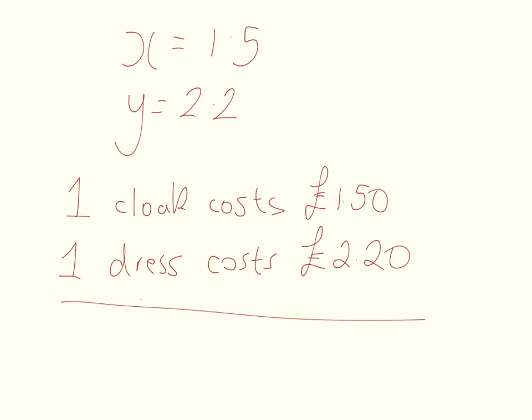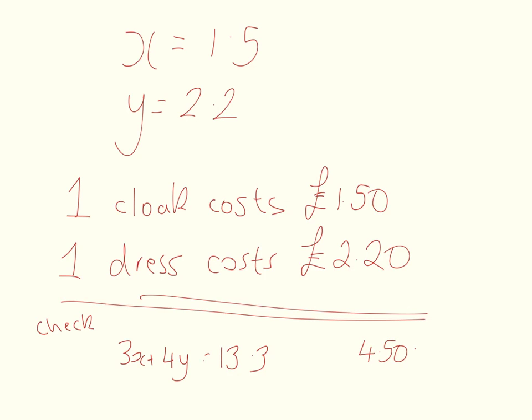Remember, you can check your answer. If you substitute these values back into equation 2, the equation should hold. Equation 2 is 3x plus 4y equals 13.3. So if I do 3 times 150, that would give me 450.